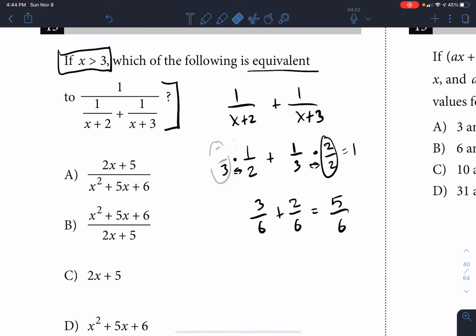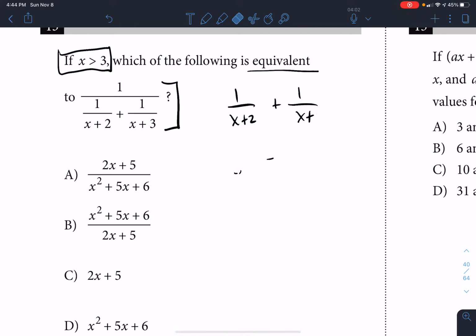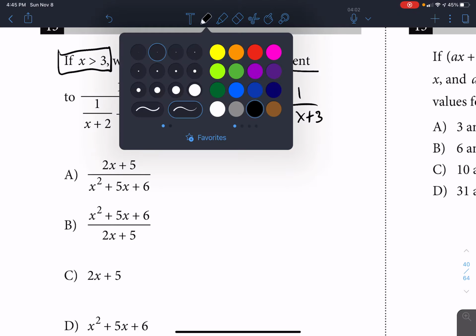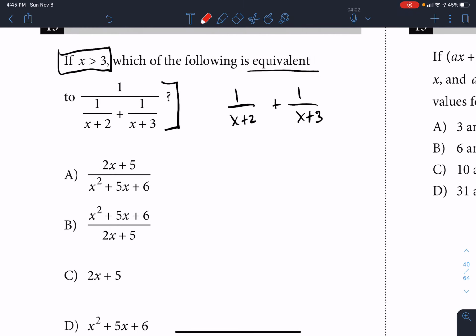Now how do we do the same to the more complicated looking one? Whoops, that's a 3 right there. We can do the same thing. As we look at the denominators, x plus 2 and x plus 3, we want to get this over here as well. So multiply this by x plus 3 over x plus 3.